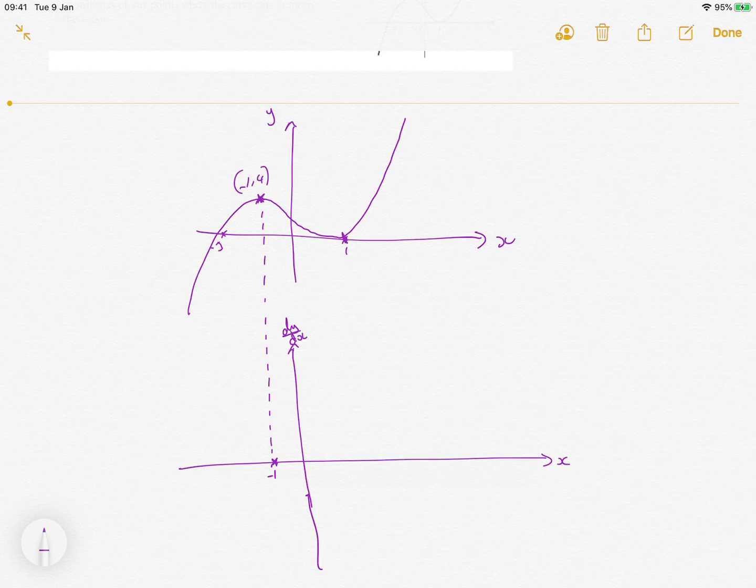Then your other stationary point is where x is 1. So dy/dx is also 0 at 1. So that matches up with that point there. So first look for stationary points and just draw them on, because that's where it crosses the x-axis.